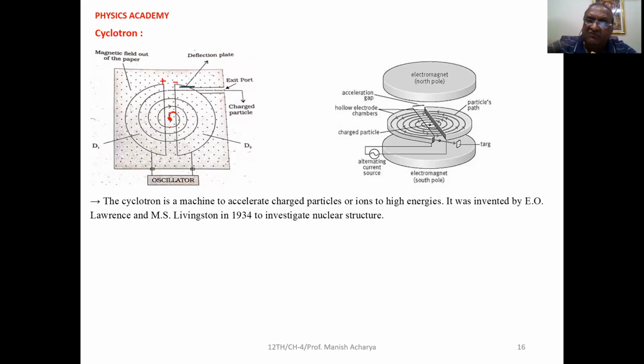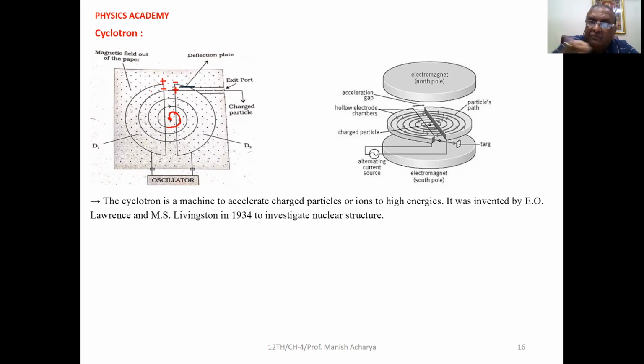Now during the motion, if force acts on the particle, then its momentum will increase. If momentum increases, then as we already discussed, the radius of the circular path will also increase because R is proportional to P. So your charged particle is now moving on the circular path with increasing radius. Now, as soon as it reaches the diameter, this particular D becomes positive and this becomes negative.